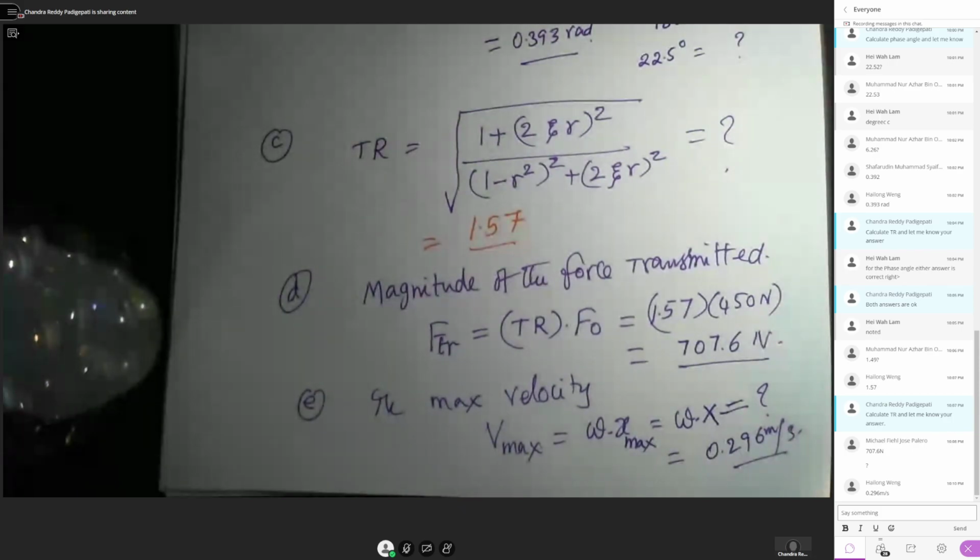Okay, so this is how you can solve that question step by step.